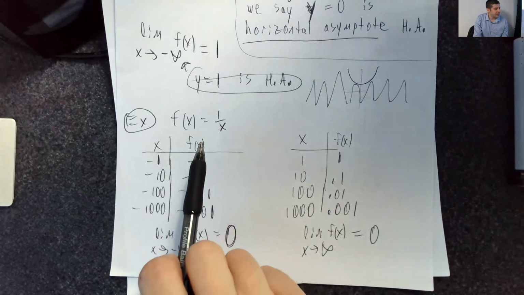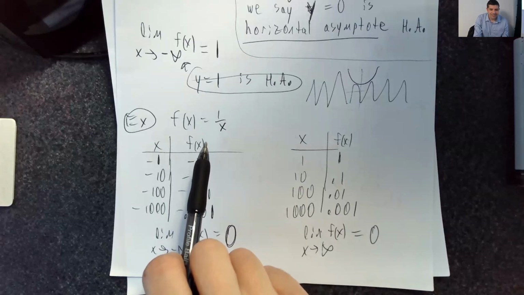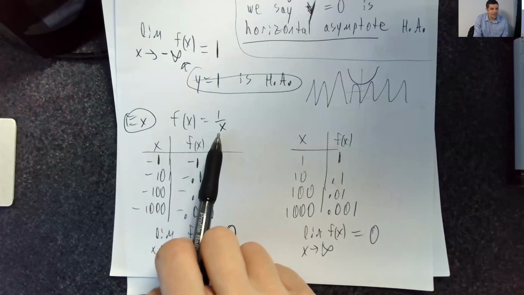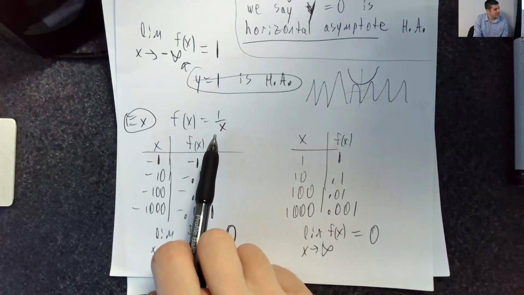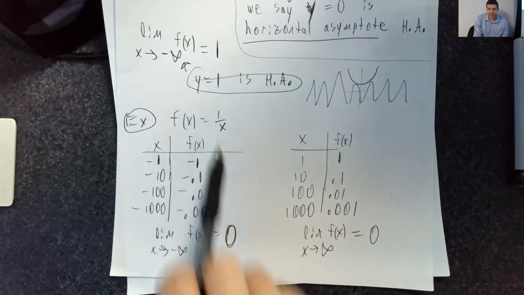We're thinking of x as like a billion, trillion. What's the biggest number you could think of? Trillion, something bigger, 1,000,000,001. So the denominator is way bigger than the numerator. So that's why we're getting an answer of 0.